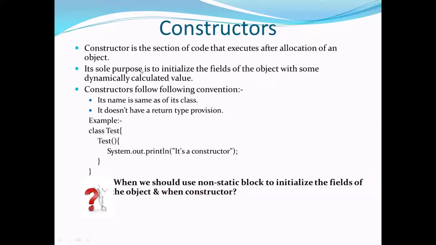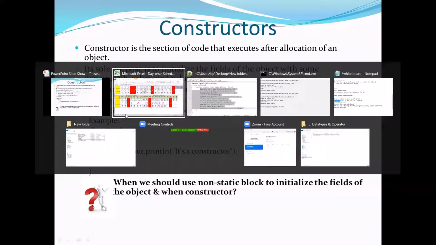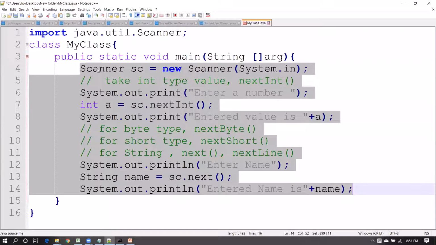And how do we declare that? The constructor follows the following naming convention. Its name will be the same as its class, and it will not have any return type. So if you want to create any constructor in your class, you need to follow this rule.